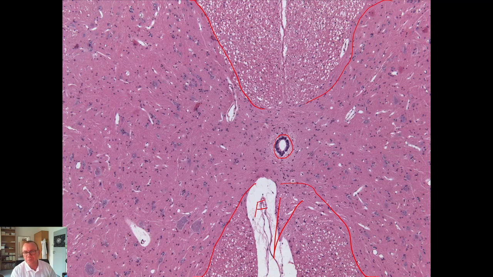But if we don't see a fissure, we should recognize the ventral horns according to the presence of big neurons. Ventral horns contain much bigger bodies of neurons than dorsal horns. The biggest neuron in the dorsal horn is, for example, this one, and you can see the difference.